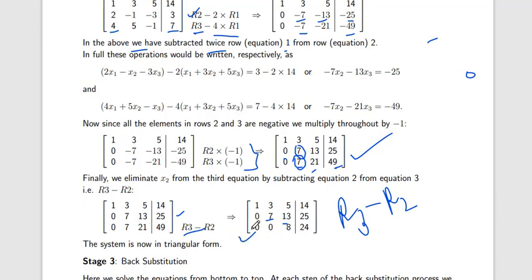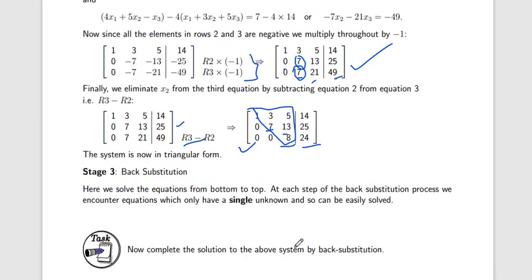So 7 minus 7 is 0, 13 minus 21 is 8, and 25 minus 49... sorry, R3 minus R2 means 49 minus 25, we get 24. So our second stage is completed. This is an upper triangular matrix.